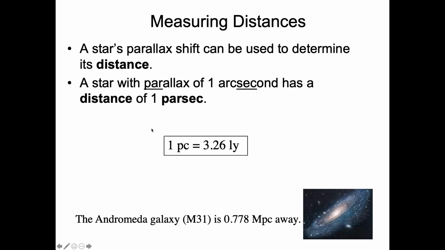Then we can start to determine the luminous intensity of distant stars that we can't get to so easily. In measuring these large distances, we use a unit of measurement called the parsec.